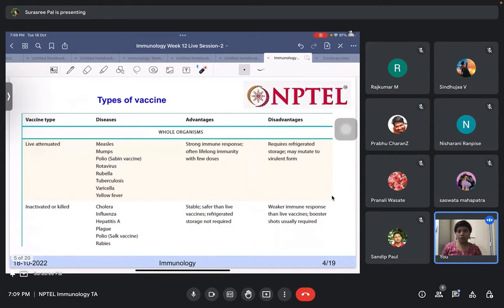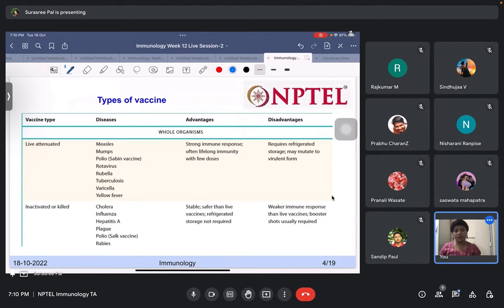So we will also discuss different types of vaccines in this case. So vaccines can be of various types. So they can be generated by various processes, and according to that we can classify them in different types. So first is the live attenuated vaccine. So from the name you can understand that these live attenuated vaccines lose their pathogenicity.